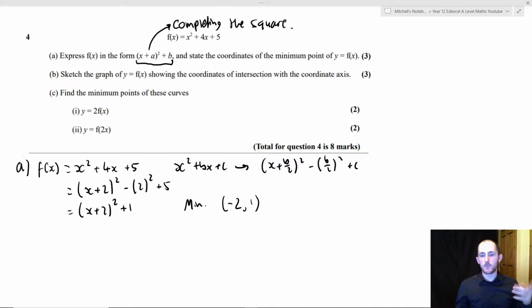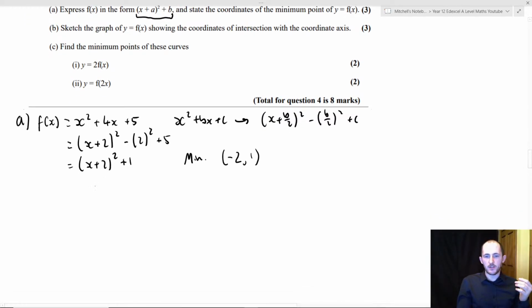That's it. Now the reason why this works is if we look at this as a function, what is the smallest thing I can make this overall expression? Well, that might be a bit hard to work out. What's the smallest thing I can make this bracket? Since it's squared, if it's negative inside, it will become positive once it's squared, which means the smallest thing I can make that bracket is 0.